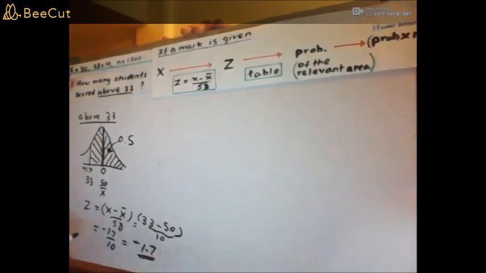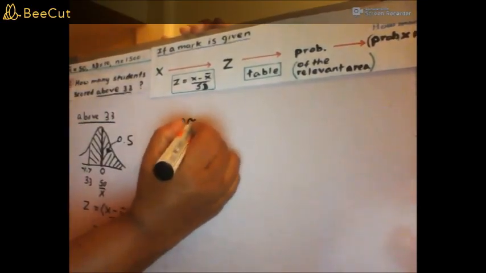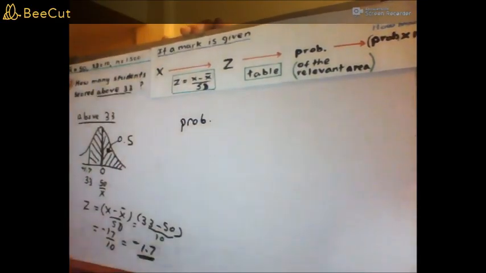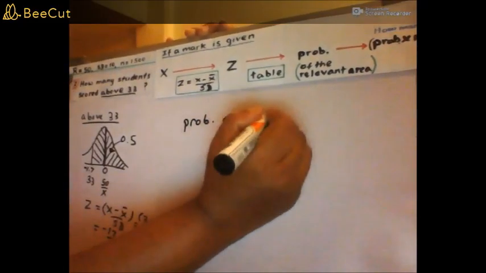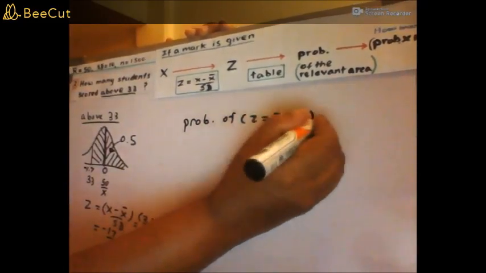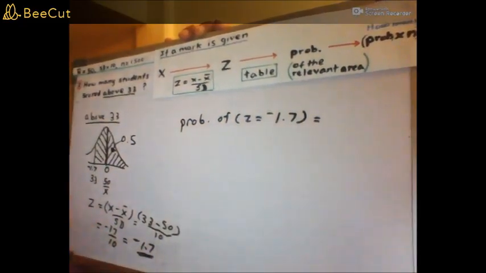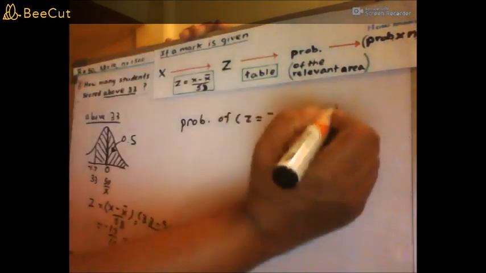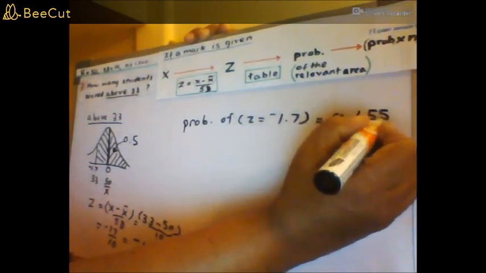So, find the probability for 1.7. We'll write probability of Z equals minus 1.7, that is 0.4554.